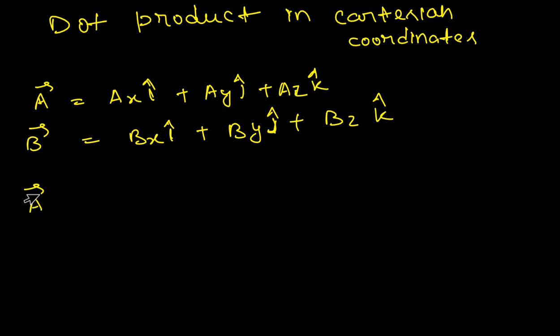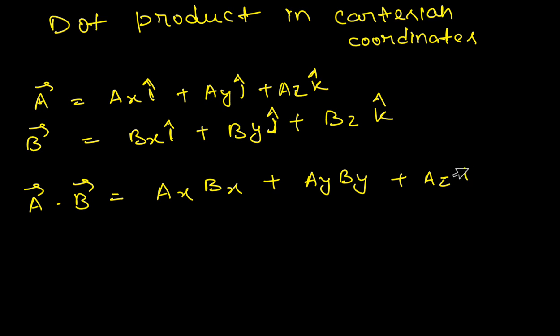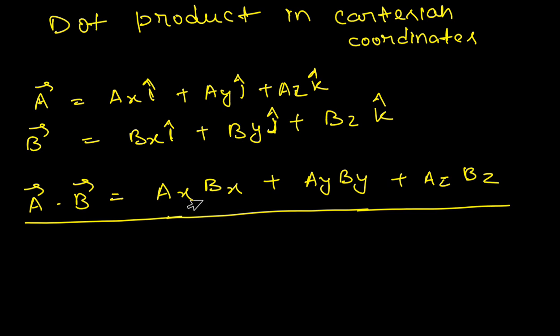Then vector A dot vector B is equal to ax bx plus ay by plus az bz. This is an important result, and you can memorize this to find out the dot product in Cartesian coordinates.